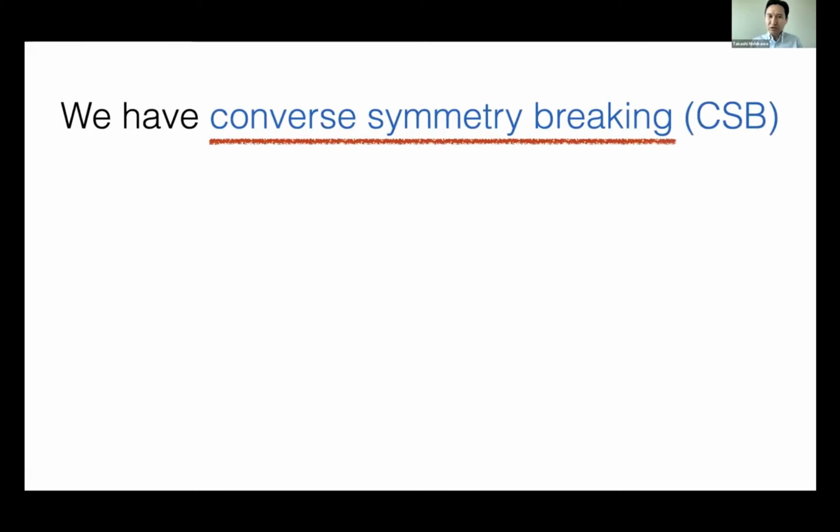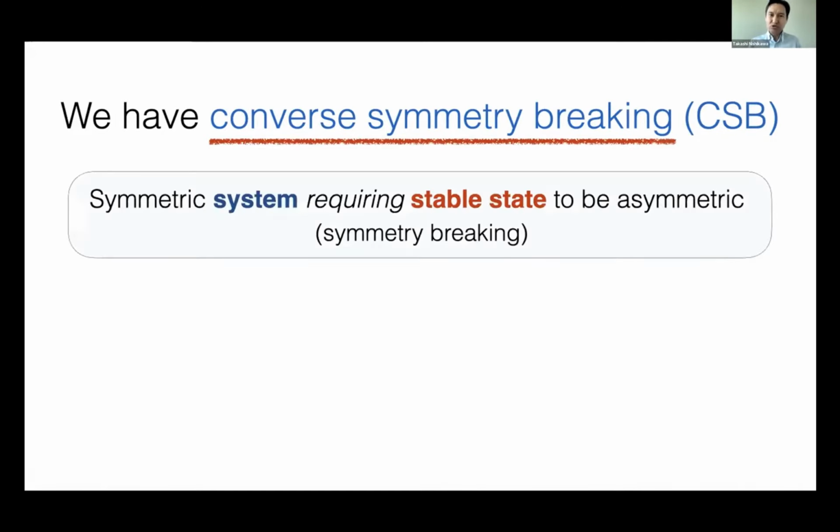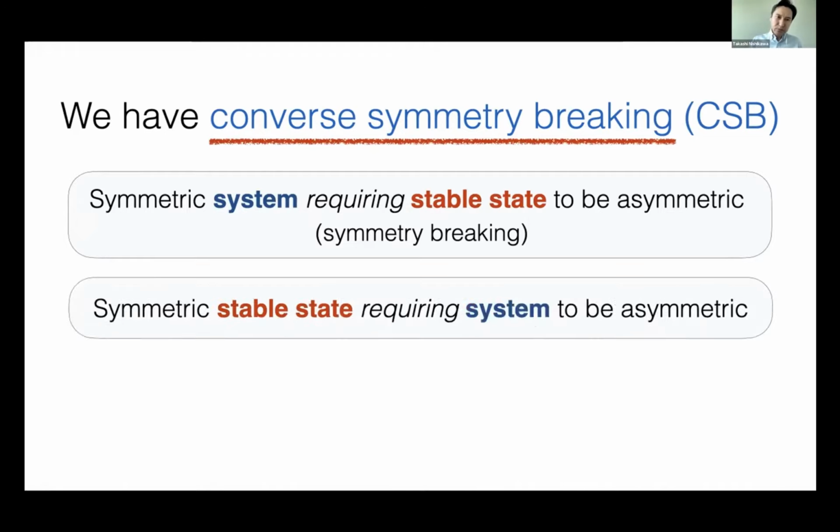And this is something that you can consider as a converse symmetry breaking, because in the usual situation of symmetry breaking, you have a symmetric system, the symmetric state of the system becomes unstable, so the only stable state is asymmetric. Here, what you saw is that a stable symmetric state requires the system to be asymmetric.